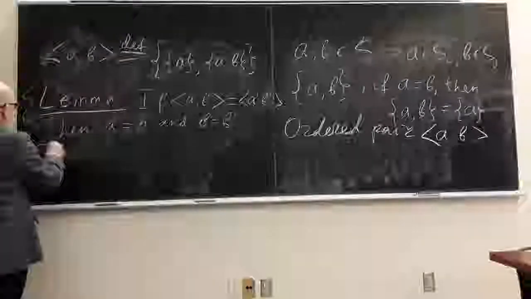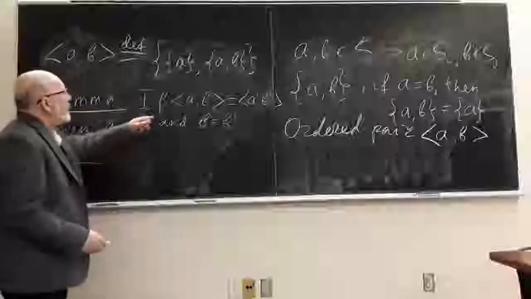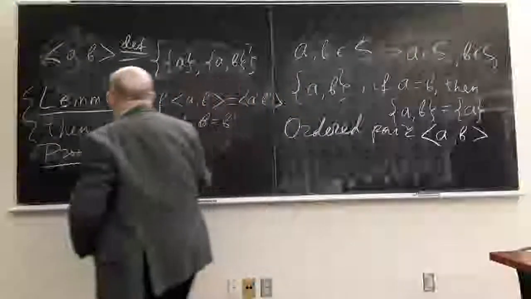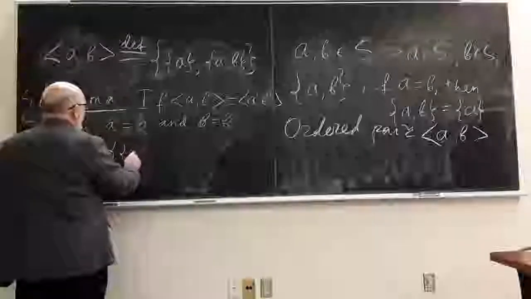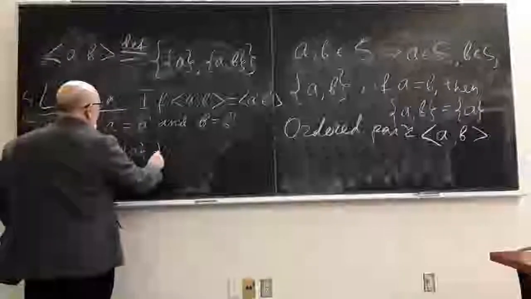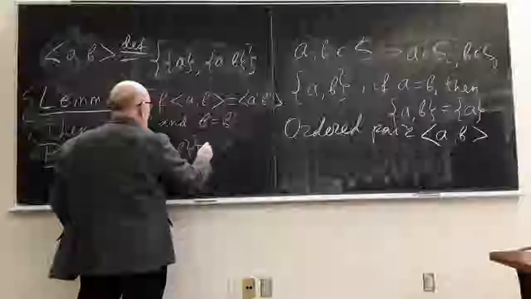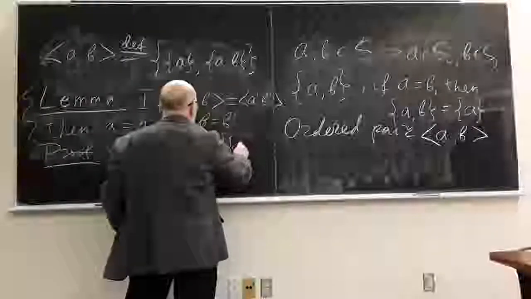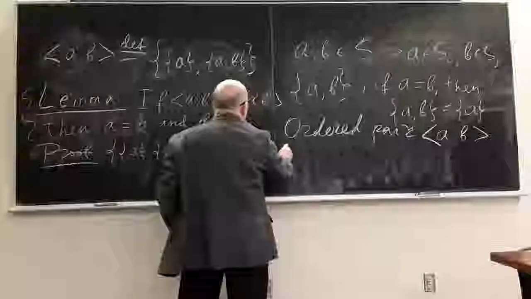So what does it mean? This pair (A, B) equals (A prime, B prime). It means that this set equals the set {{A prime}, {A prime, B prime}}.